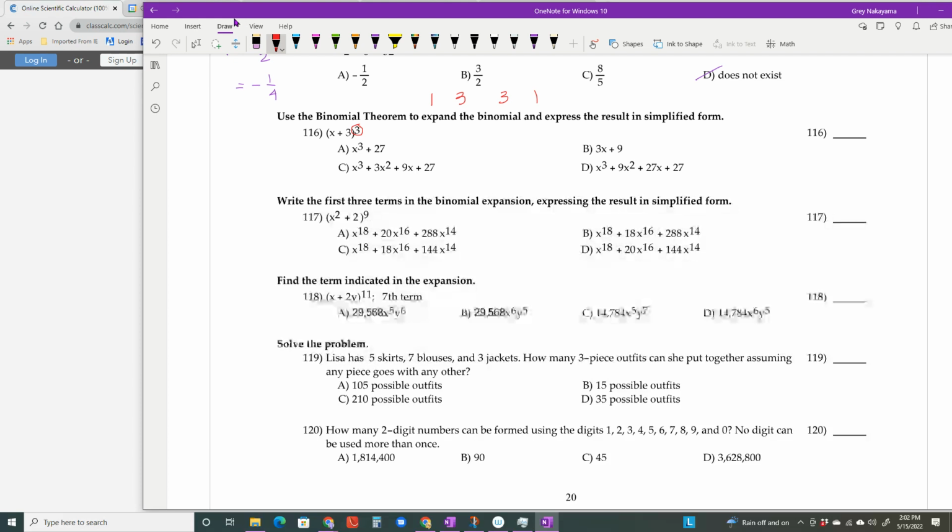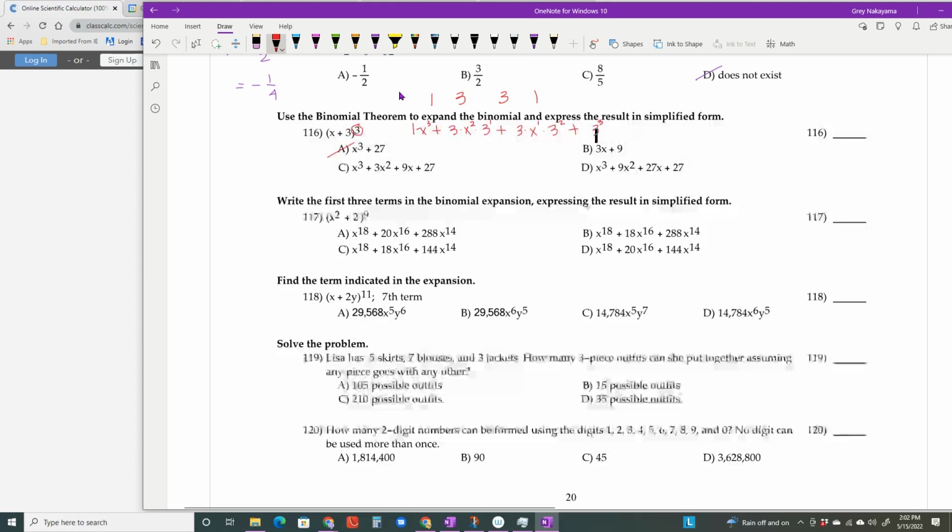And remember the first term, so I'm going to have 1 times x to the third plus 3 times x squared times 3 to the first plus, this one I usually did in parentheses, y'all, 3 times x to the first times 3 squared, and then plus 3 cubed. So more importantly, you know you have this row of 1, 3, 3, 1.